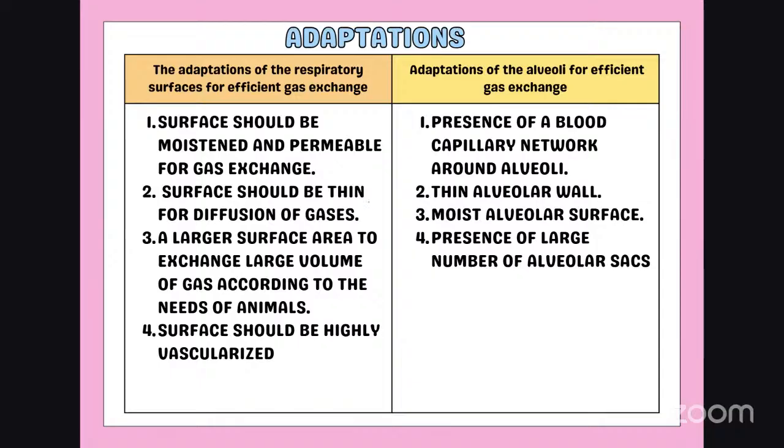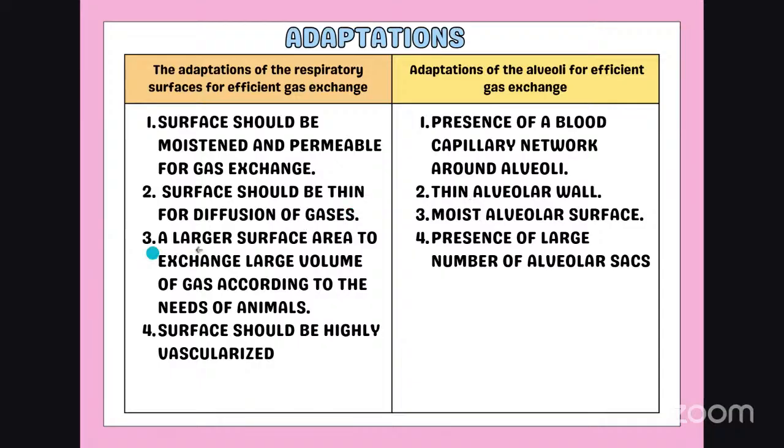If it's a thick surface, for example, our skin is very thick. Diffusion cannot occur through our skin. How does sweat come outside? That's through sweat glands, not by diffusion. So when diffusion is happening, it should be a very thin layer. So let's look at alveoli. Look at this thin alveolar wall. So you can see, thin.